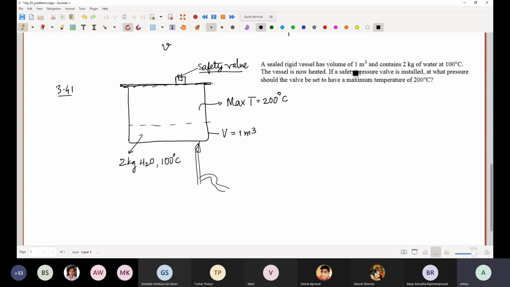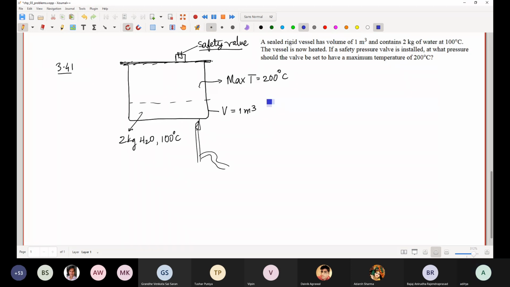If a safety pressure valve is to be installed, at what pressure should it be set in order to have a maximum temperature of 200 degrees Celsius? All right, let's draw the PV diagram, or the TV diagram, whichever is convenient, and let's see what exactly they're asking us to do.